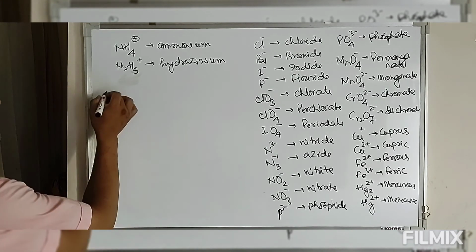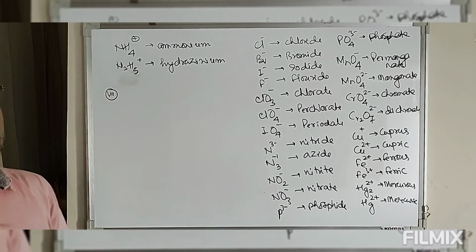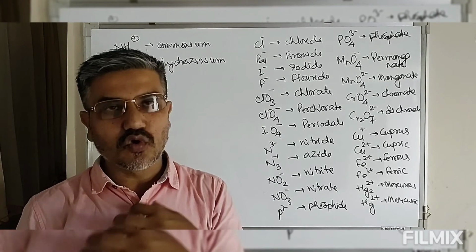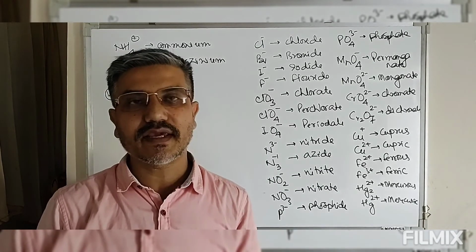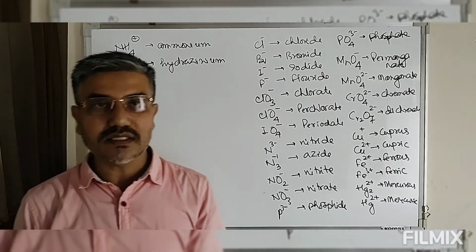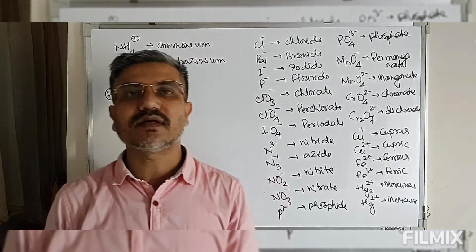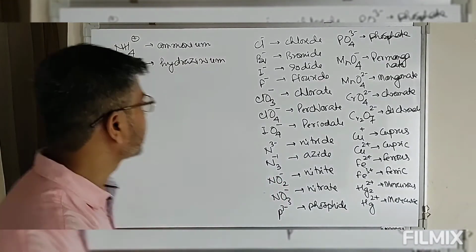Now the next rule. If we have a covalently bonded compound, the more electronegative atom is assigned a negative oxidation state and the less electronegative atom is assigned a positive oxidation state.